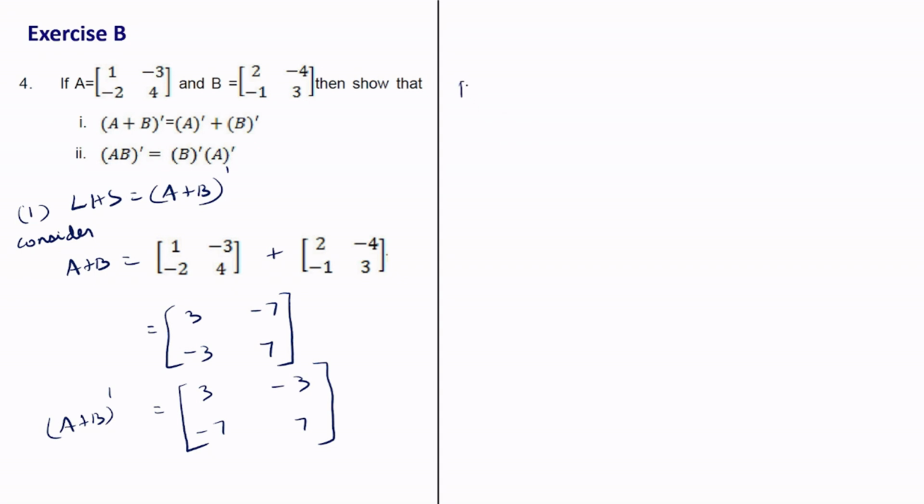Now let us take the right hand side, A transpose plus B transpose. A transpose is the transpose of this matrix, so the first row becomes the first column and second row becomes the second column. Plus B transpose is the transpose of this matrix, so again first row becomes the first column, second row becomes the second column.